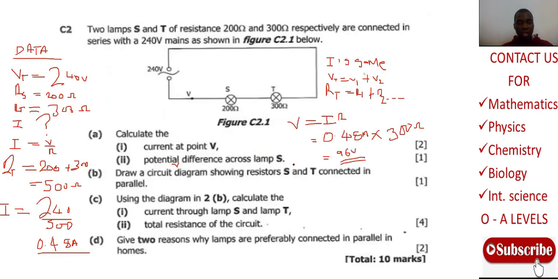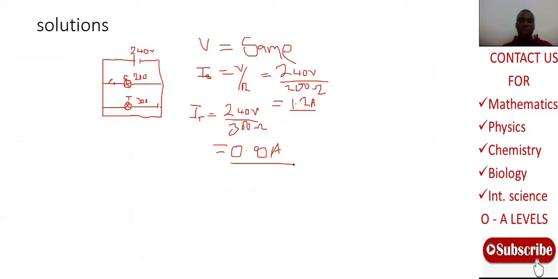And the next, they are saying find the total resistance of the circuit. Now, for the total resistance, RT, it has its own formula for the parallel, which is given by 1 over RT equals 1 over R1 plus 1 over R2, and so on.